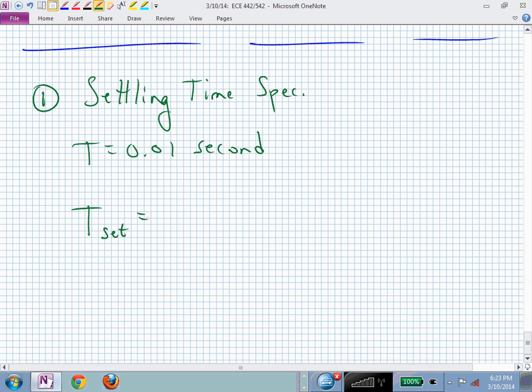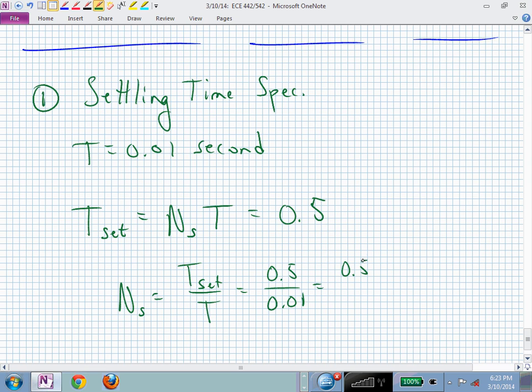We now have a T settling of n sub st equaling half a second, or 0.5. And we can now solve for n sub s. N sub s is that half a second divided by T, or half of 100 in terms of sample periods. We're now at 50 sample periods is n sub s.